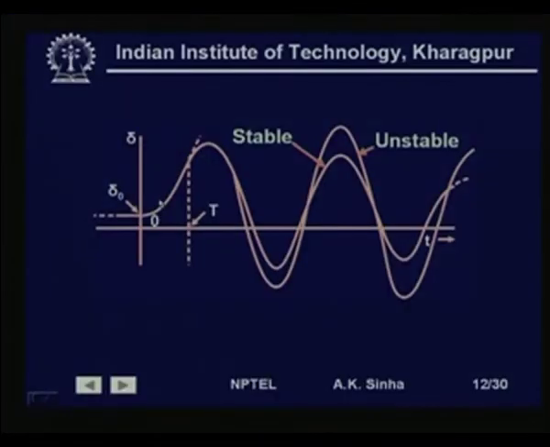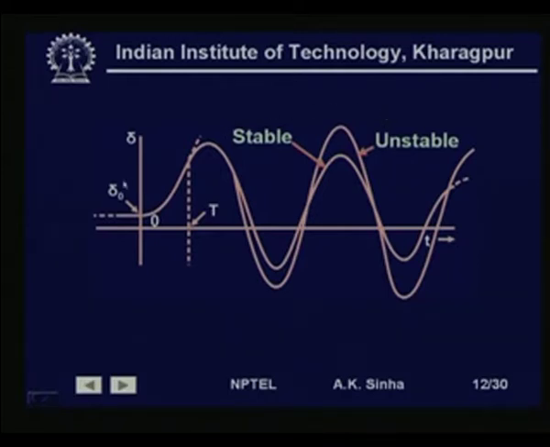If we have the damping coefficient D which is positive, what we are seeing is the system goes through oscillation, but these oscillations are slowly dying out, and finally after some time the system will reach the angle delta 0 again.